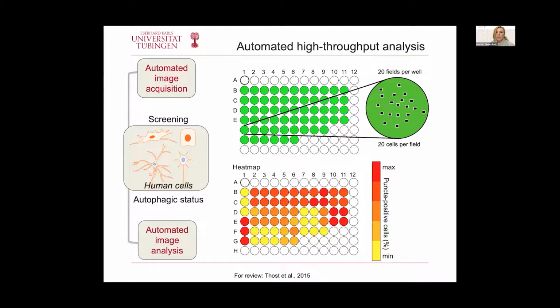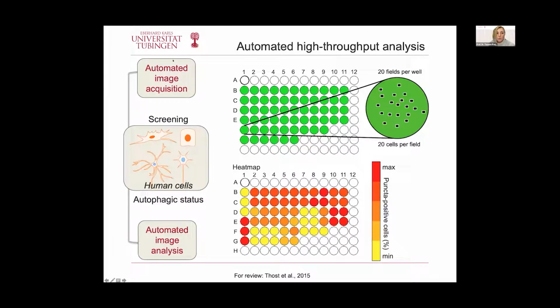We then went on and used this specific localization to autophagosomal membranes and established an automated high throughput analysis where we used initially WIPI1 to score for the autophagic status, and we can use a variety of cell lines and also primary cells.